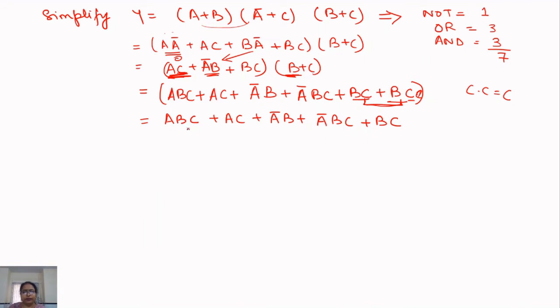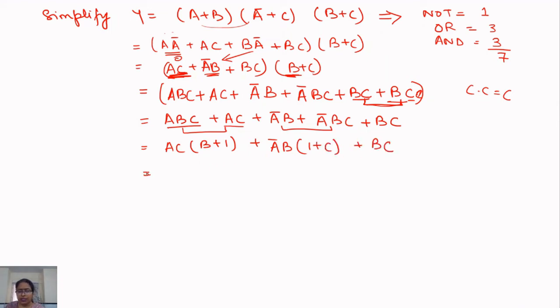Now we can take ac common from these two, ac common, this is b plus 1, and a bar b common from these two, this is 1 plus c, plus bc.